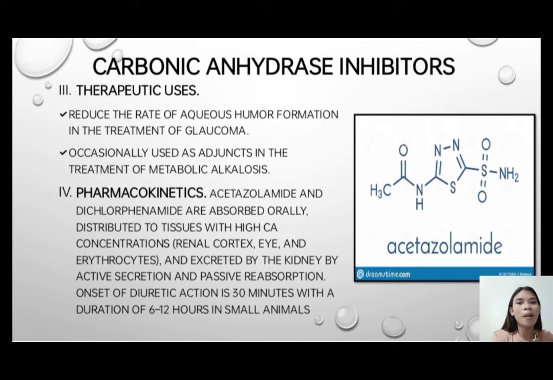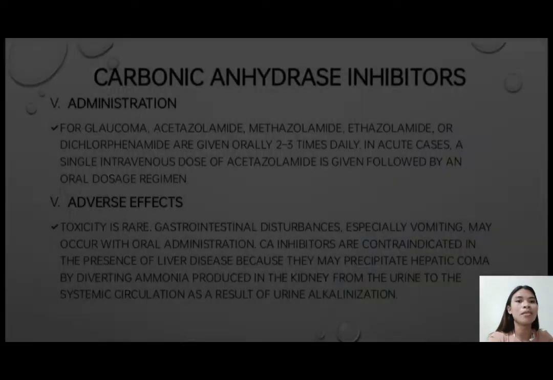For its pharmacokinetics, acetazolamide and dichlorphenamide are absorbed orally, distributed to tissues with high carbonic anhydrase concentrations, particularly the renal cortex, eye, and erythrocytes, and excreted by the kidney by active secretion and passive reabsorption. Onset of diuretic action is 30 minutes with a duration of 6 to 12 hours in small animals.